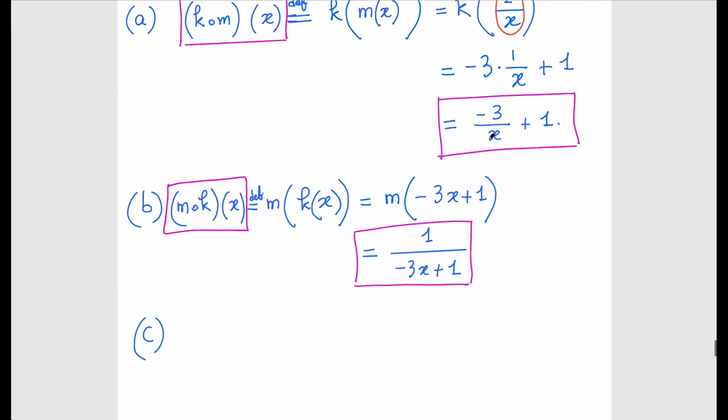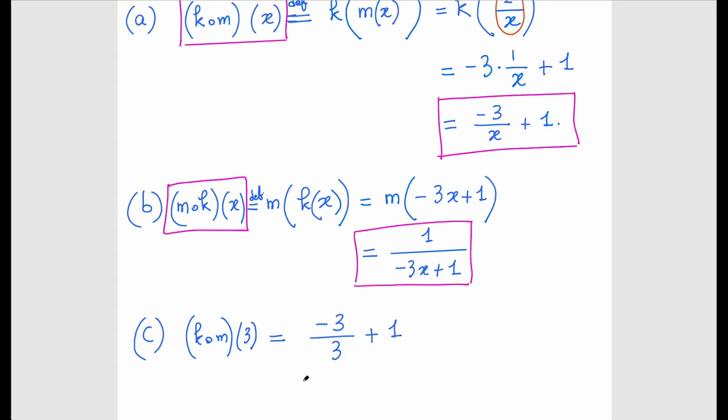So how about finding x to be 3? So k composed with m at 3, I'm replacing x by 3. What do we get? Minus 3 over 3 plus 1.